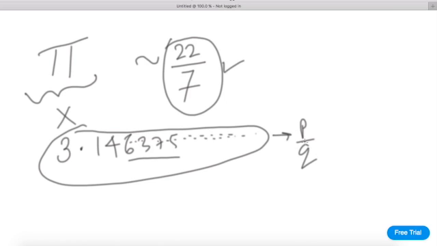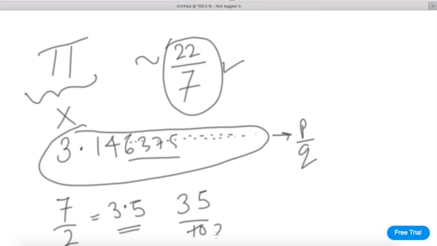Why? Let's make it simpler. If you write 7 by 2, you write it as 3.5. Now 3.5 would also mean 35 by 10. So how would you write it? 5 2s are 10, 5 7s are 35, so you essentially get 7 by 2.